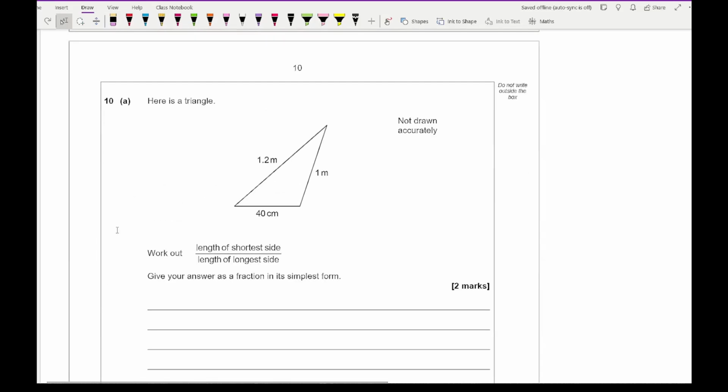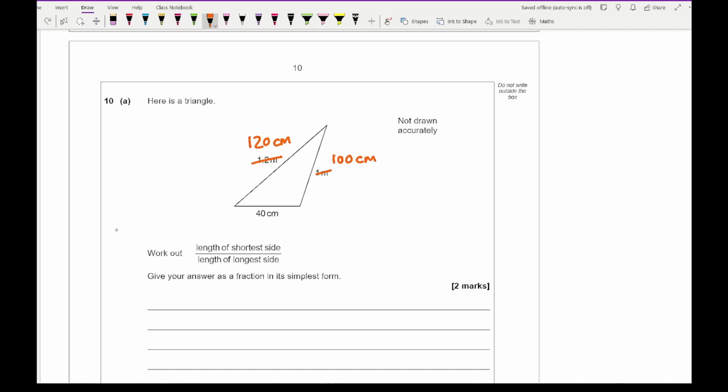Then moving on to question 10, it says here is a triangle. And it says, work out the length of the shortest side over the length of the longest side. Give your answer as a fraction as simple as possible. Now for this, we need to make sure that the units are the same. So you can either work in centimetres or in metres. Working in centimetres, we've got 120 and we've got 100.